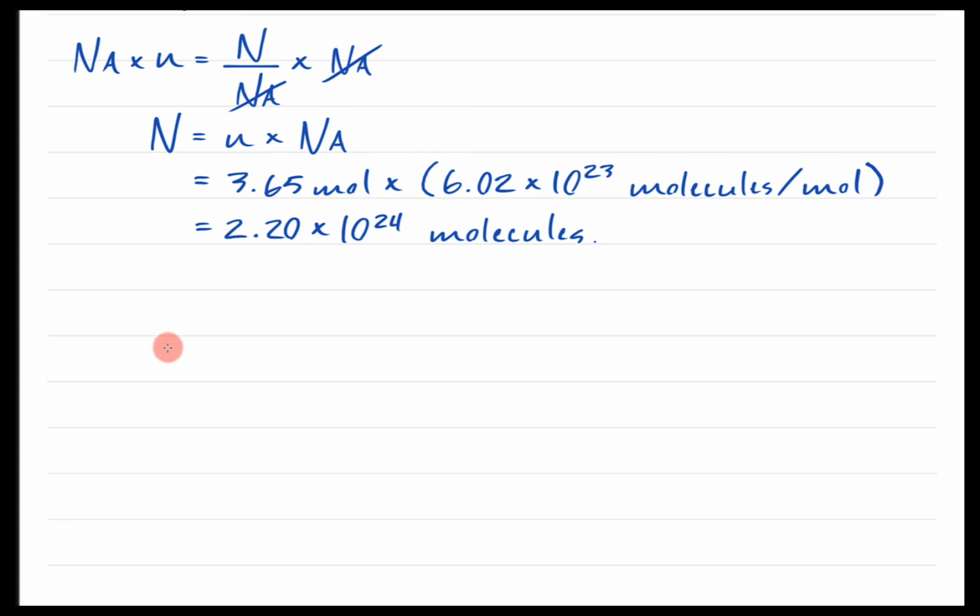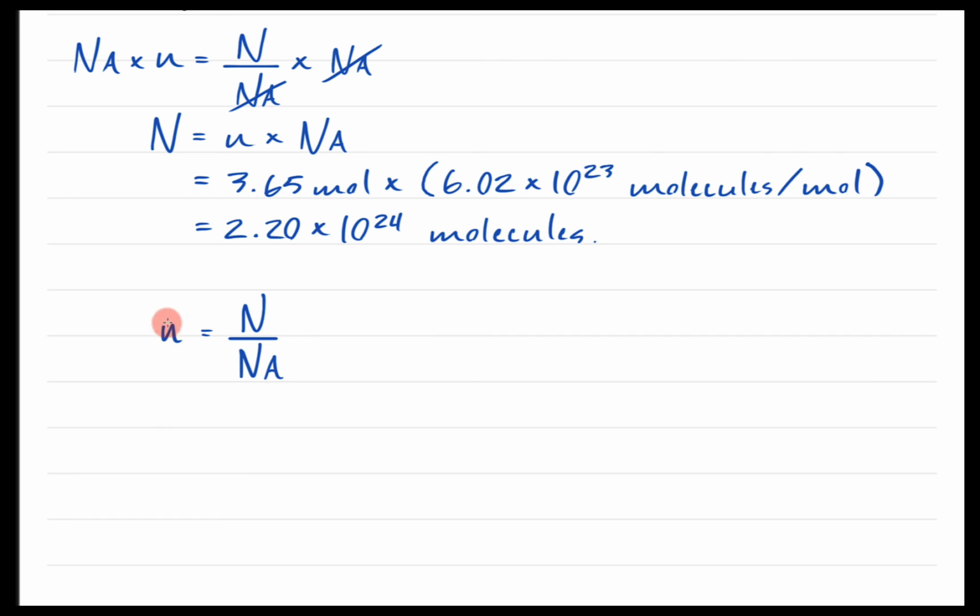So the relationship, again, is n, lowercase n, equals uppercase N over Avogadro's constant.